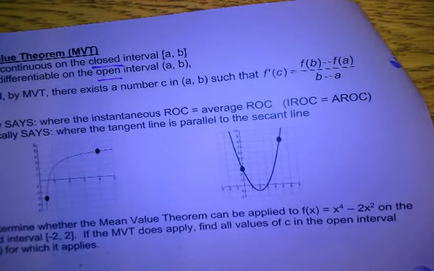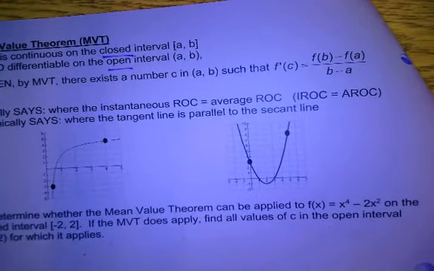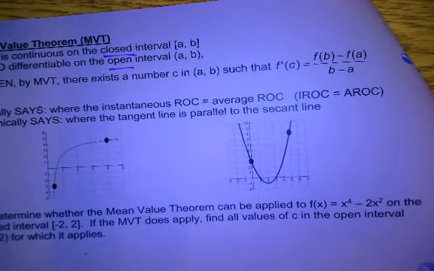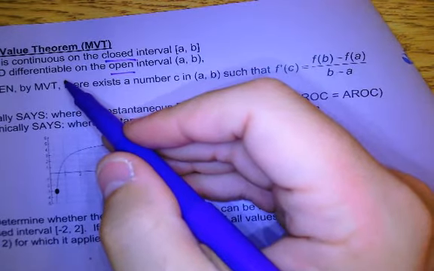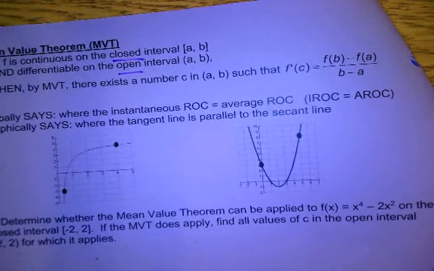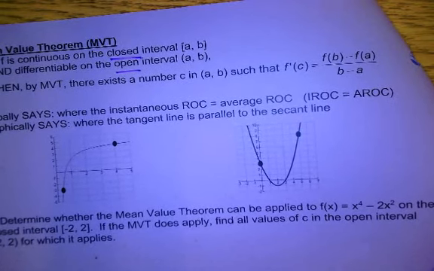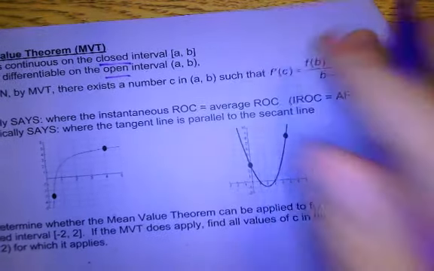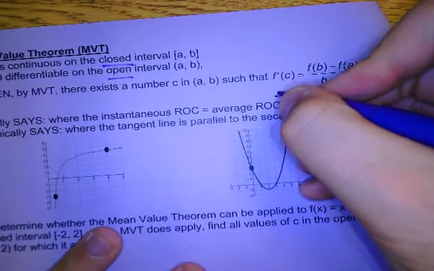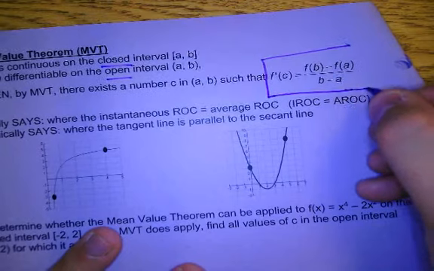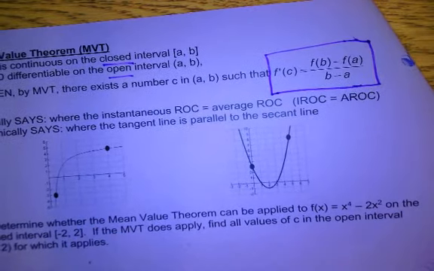So that's all it's saying. This is pretty much IVT for derivatives. If it's continuous and differentiable, then you're good to go. That pretty much states everything. This is the big huge point that we really care about.